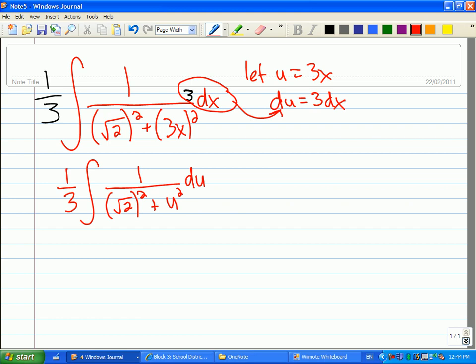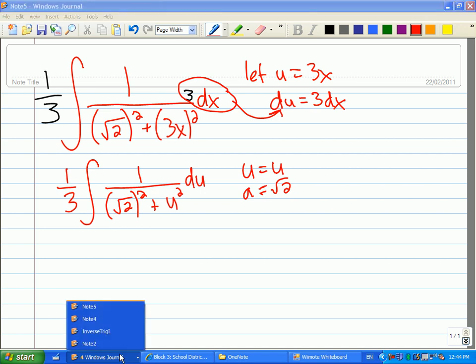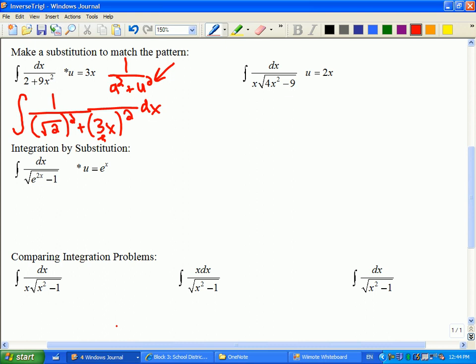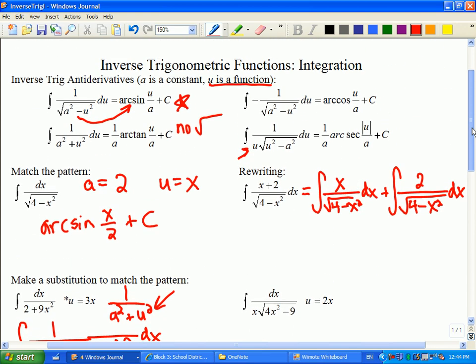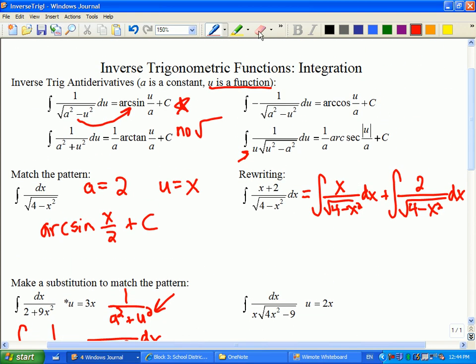So we go through this like we would substitution, and we go, okay, this is fairly simple now. My function is just u, and my constant is root 2. So let's figure out, well, we said which pattern this was, right? It was arctangent. Okay. So here's the pattern that I'm going to have to fit it into.